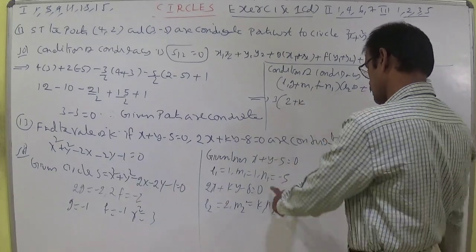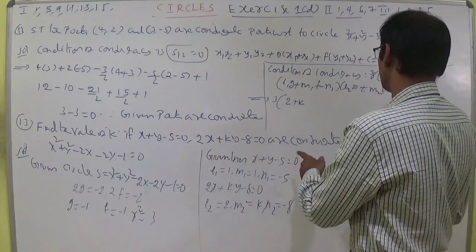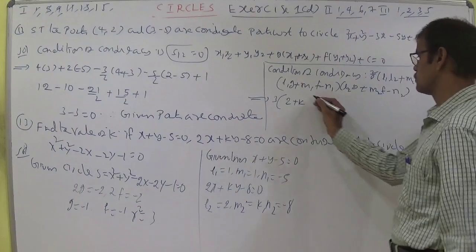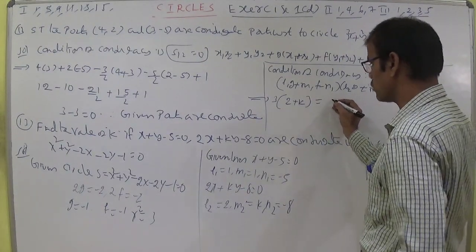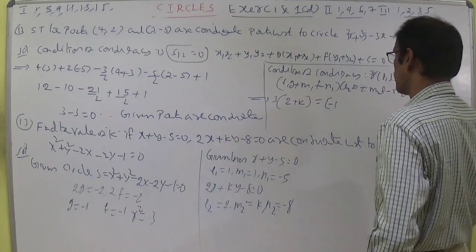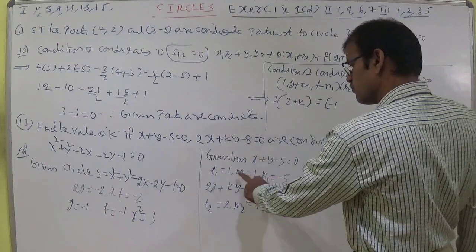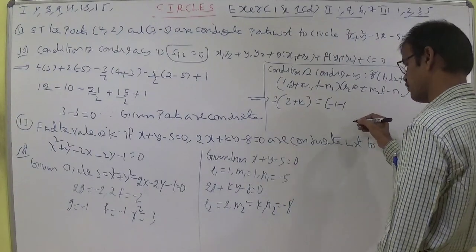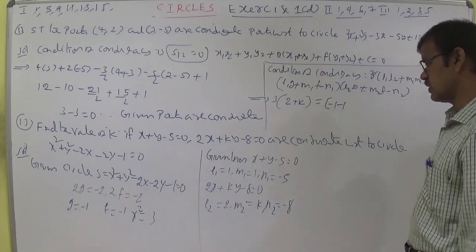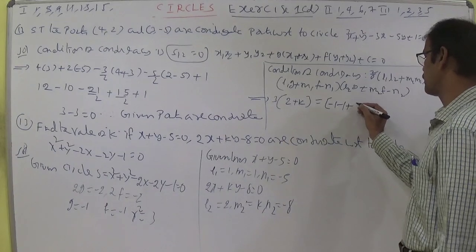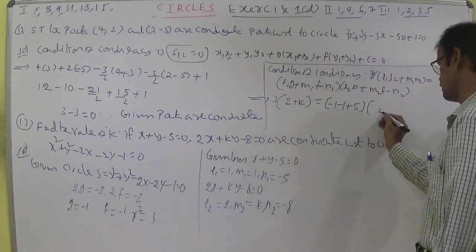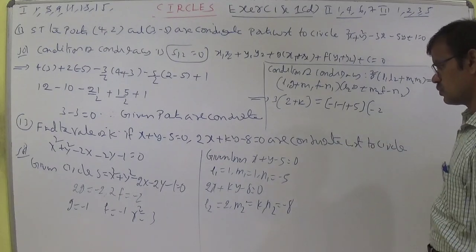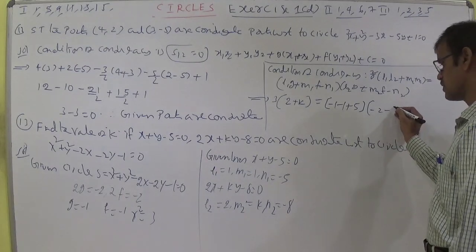So 3 into (2 + k) is equal to L1g plus M1f minus N1: L1 is 1, so minus 1, plus M1f, which is also minus 1, minus N1, so plus 5, into L2g, which is 2 into minus 1, so minus 2, plus M2f, which is minus k.